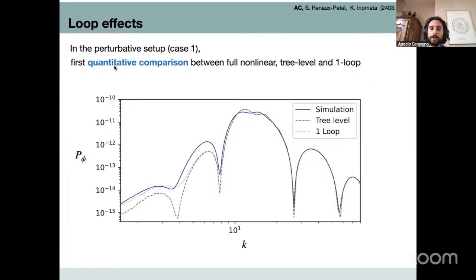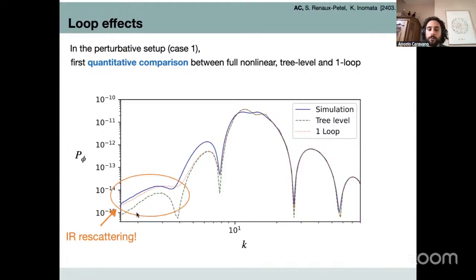We compared our result with the loop calculation that these people did and found that some of the effects were well captured by this loop calculation. So we do the loop calculation in the perturbative case, where we can trust perturbation theory, and we understand that everything is okay.